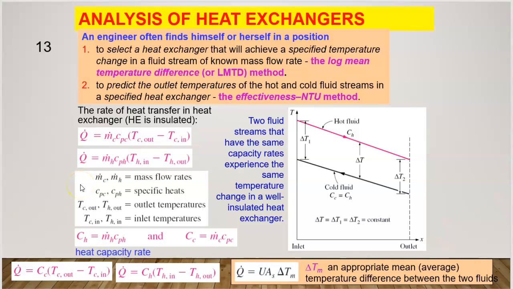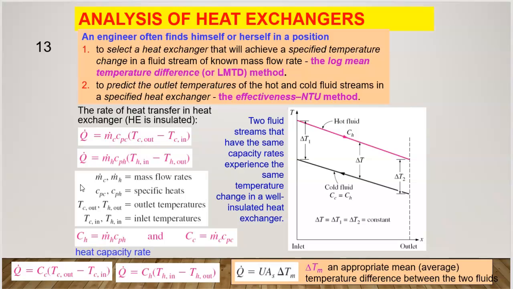Okay, today we will continue on the analysis of heat exchanger, slide number 13 and so on. Basically, when we like to analyze a heat exchanger, there are two types of way to analyze it.